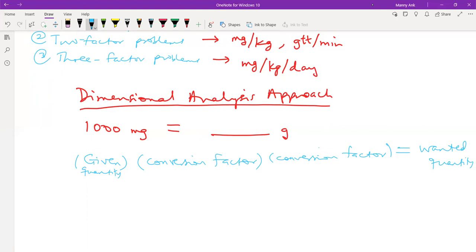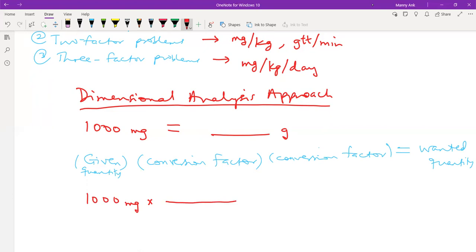So let's apply it to this question here. My given is going to be 1,000 milligrams. So write that down. Then times the series of conversion factors. What conversion factor am I going to use here?